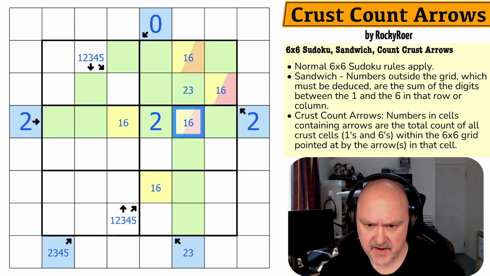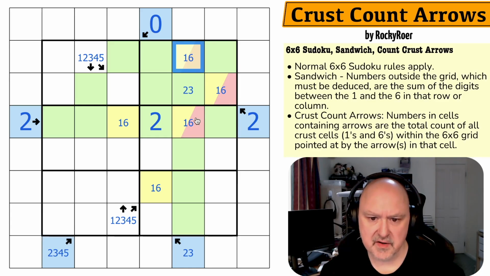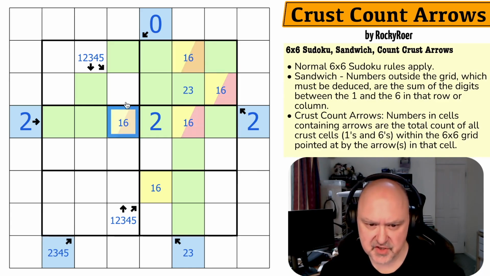This becomes red because it's different to the orange. So if this is 1, this is 6. If this is 6, this is 1. Same there. But this becomes orange. So that sees both the orange and the red one 6. So this is now the other crust, which is orange. Red is in one of those two.